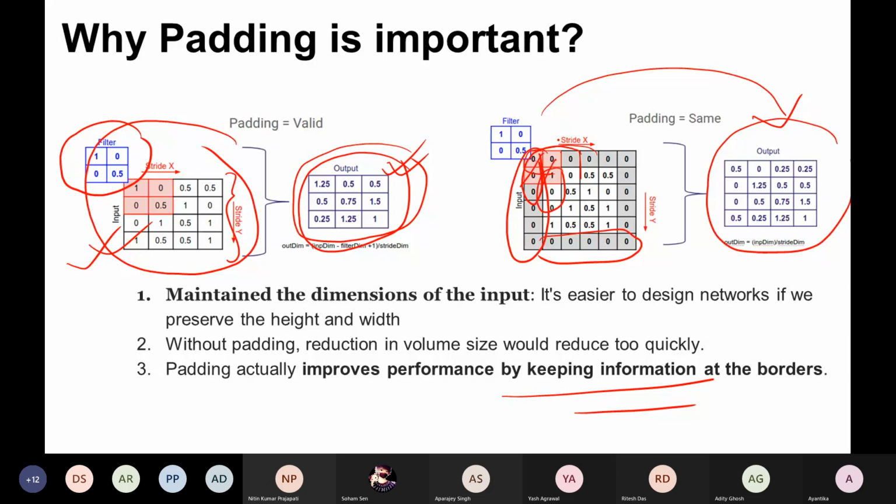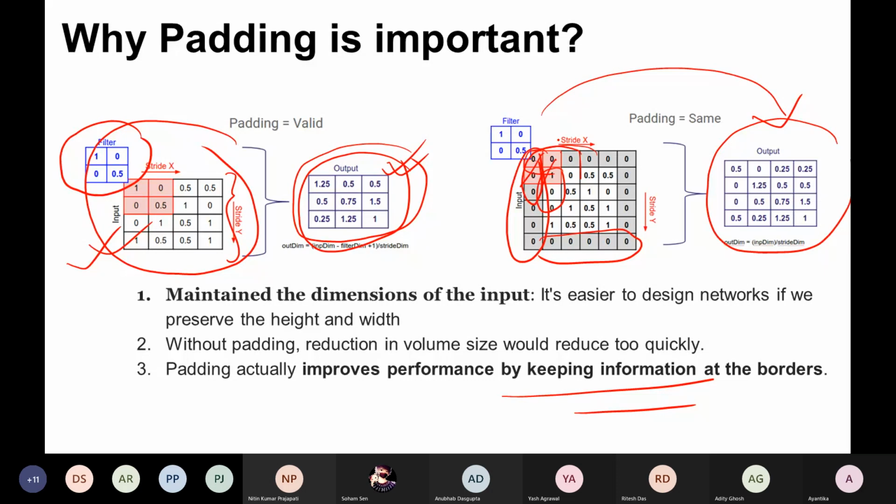So to keep this border information and its effect while repetitively applying the same filters, padding is important. Another importance of padding is that we can maintain the same dimensions of the input throughout the network.